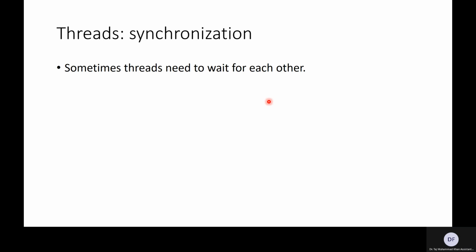So threads need to synchronize with each other to access global, shared data, as we saw in the last slide. Sometimes threads also need to wait for each other. They need a synchronization in a way that one thread is waiting for another thread to finish a job, and it can only continue its execution after that thread has finished its job.